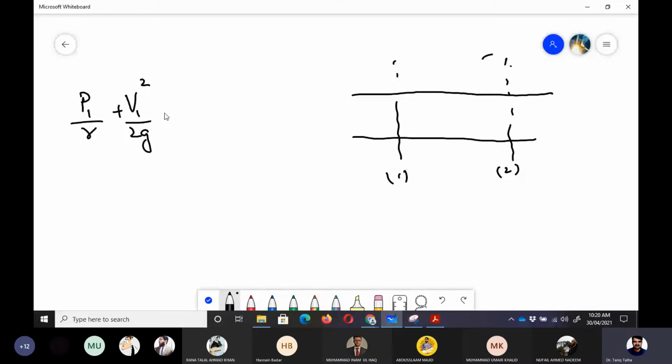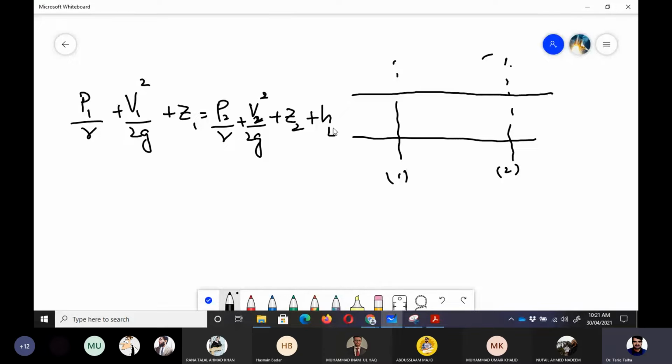This is the pressure head at point 1 plus Z1 is equal to P2 upon gamma plus V2 square upon 2g plus Z2 plus HL.